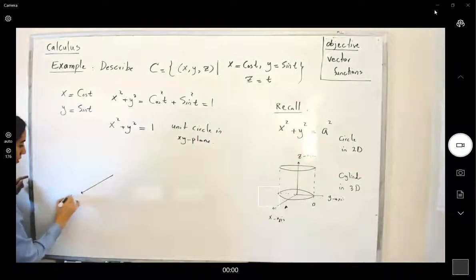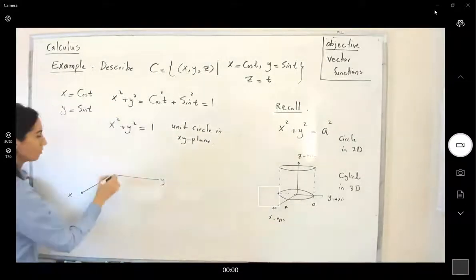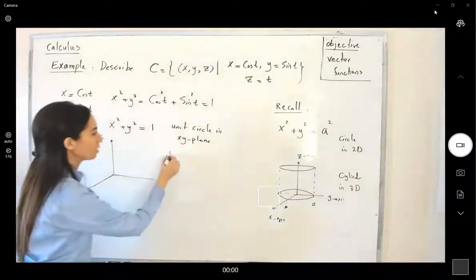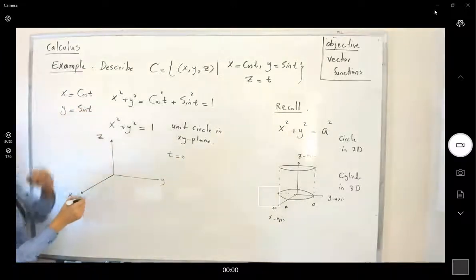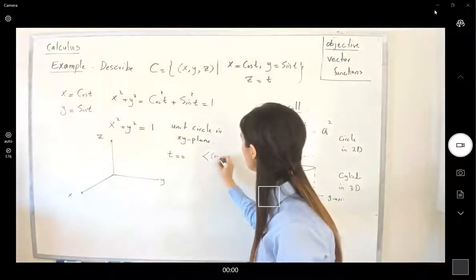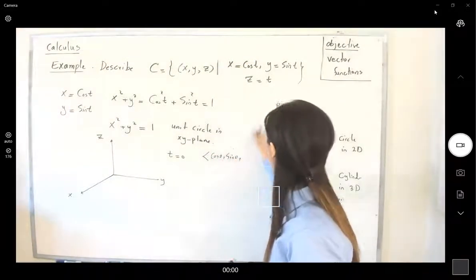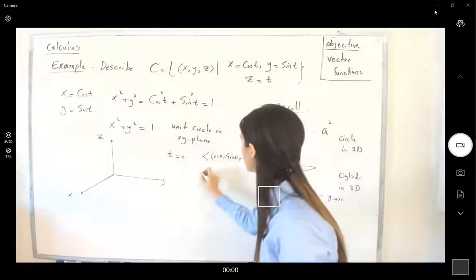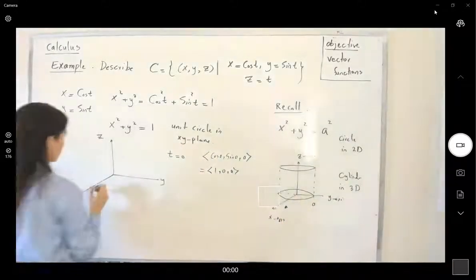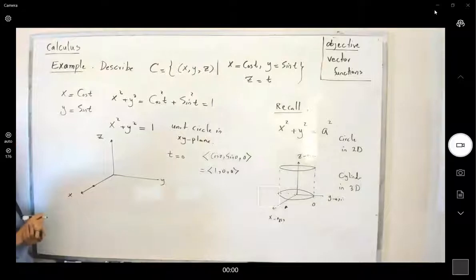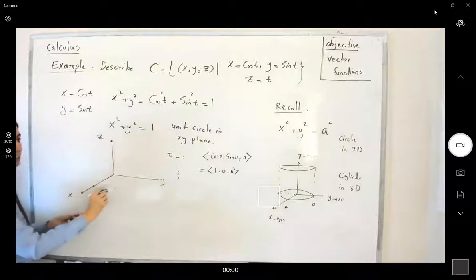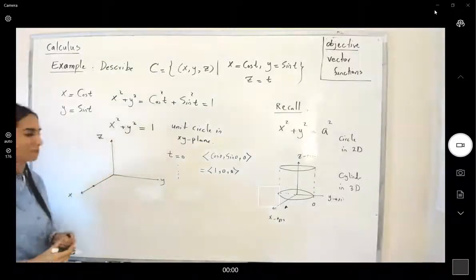There you go. So here you have the x-axis, the y-axis, and the z-axis. For example, when t is 0, our vector function is going to be cosine of 0, sine of 0, and t, which is 0. So it is equal to (1, 0, 0). If we plug in different values for t, we can actually follow the position of this particle.